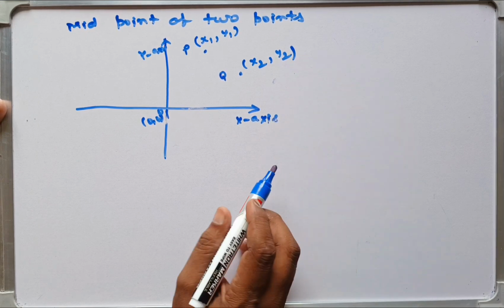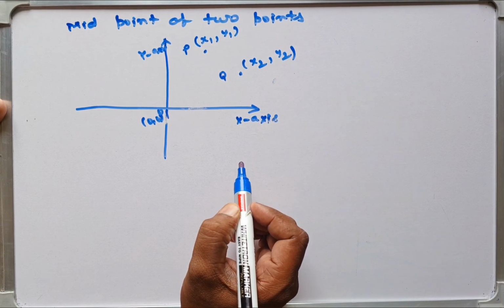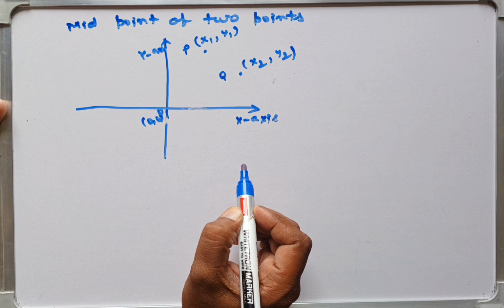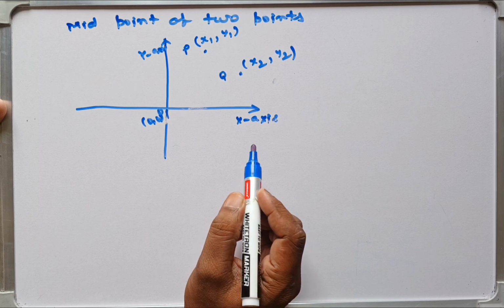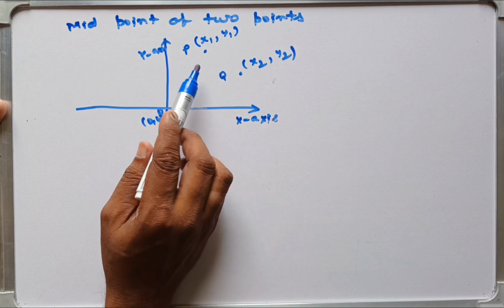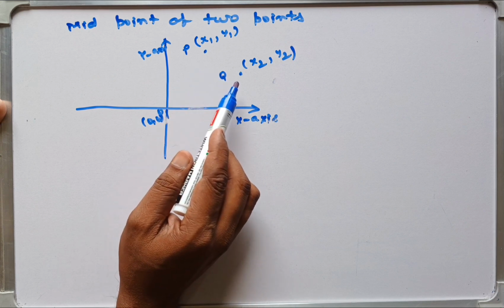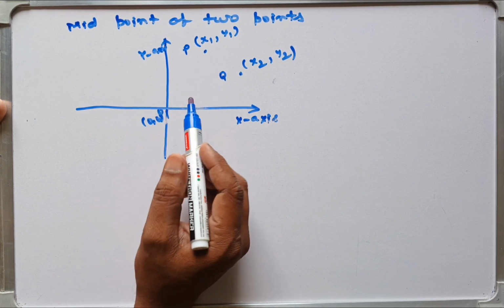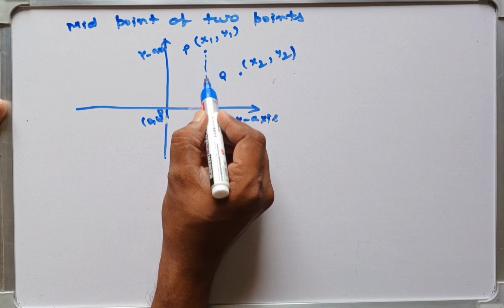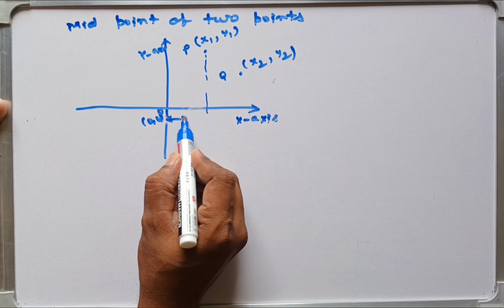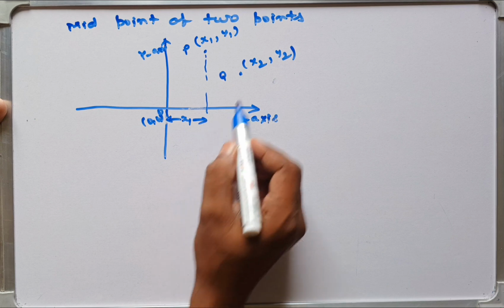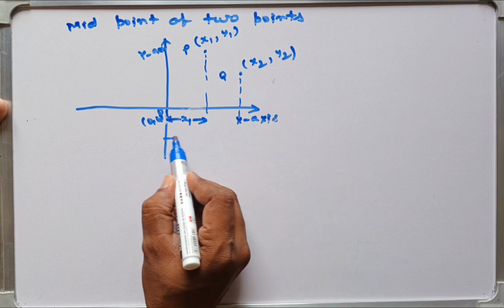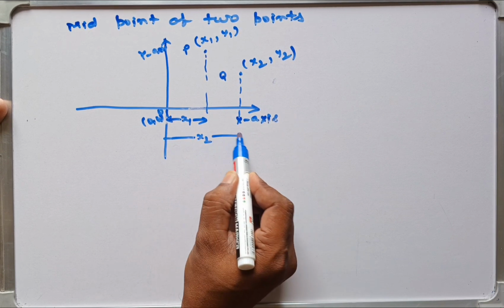Okay, so guys, you have to calculate what is the midpoint of P and Q. So you see here, this one is the x1 distance, and this one is the x2 distance.